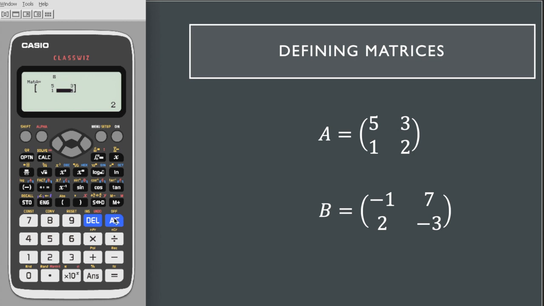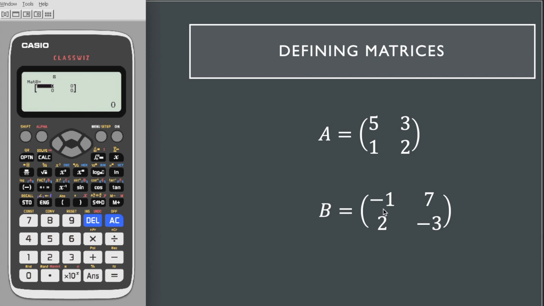So we can press AC, and then we will return back to this screen. Again, we can press option, press 1 for define matrix, and now we want to define matrix B. For matrix B, we just need to select 2. Again, matrix B is a 2 by 2 matrix, so it's got 2 rows and 2 columns. So we have this blank matrix here.